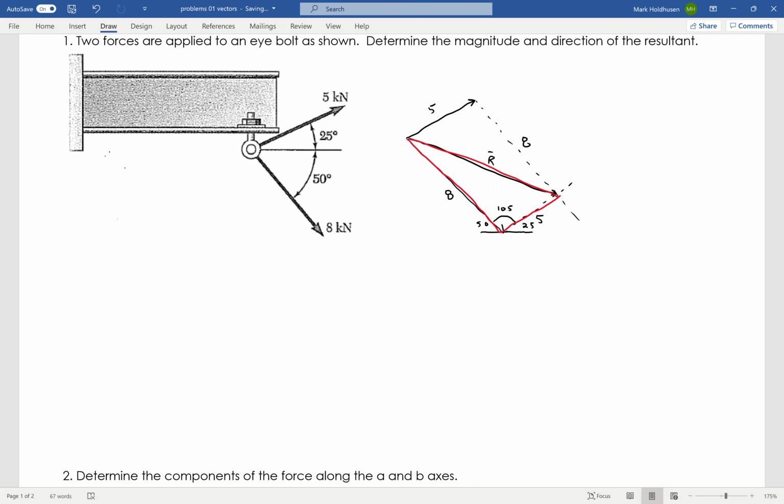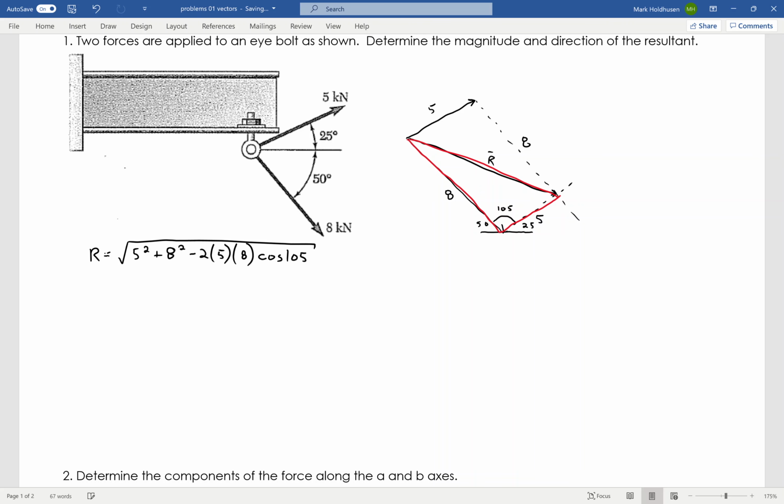Okay, so I'm going to use the law of cosines to figure that out, where I can find the length of that side by using the two other sides. So 5 squared plus 8 squared, minus 2 times 5 times 8, times the cosine of the angle between those.